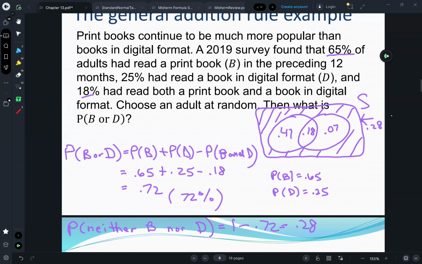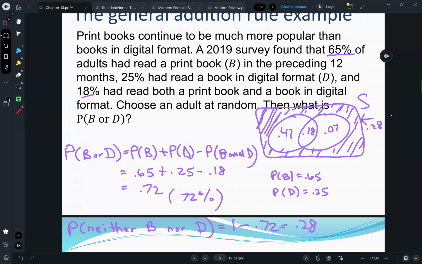Does that help? The picture helps because you can see it has to be everything outside. And the entire sample space has to sum to 1. This part out here all has to add up to 0.28.